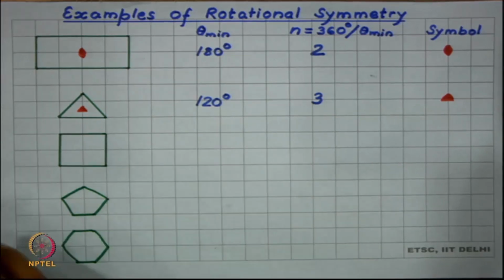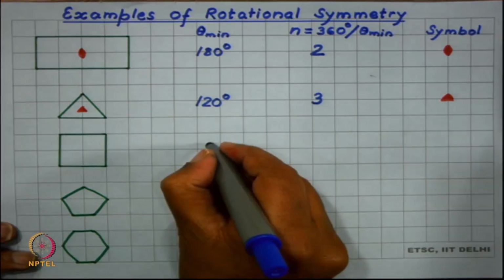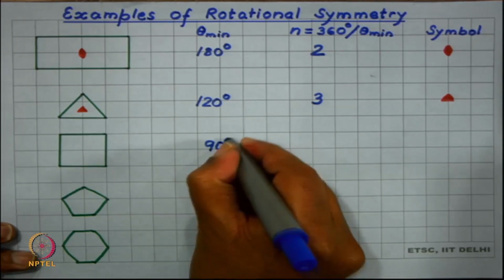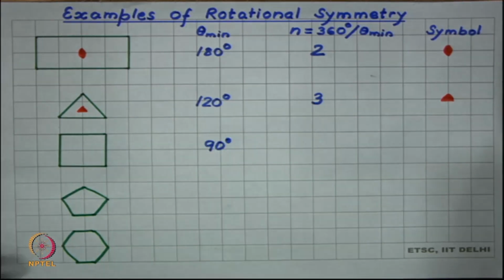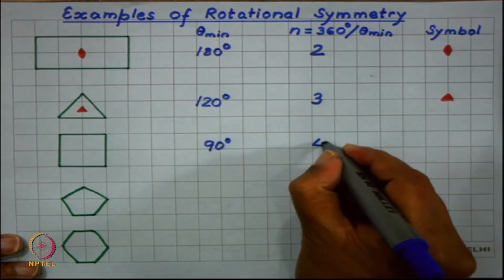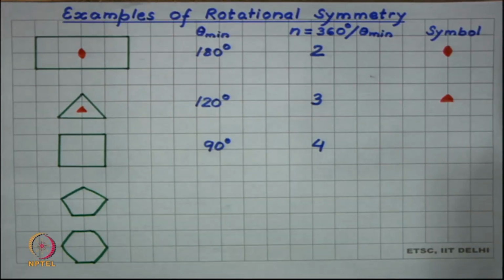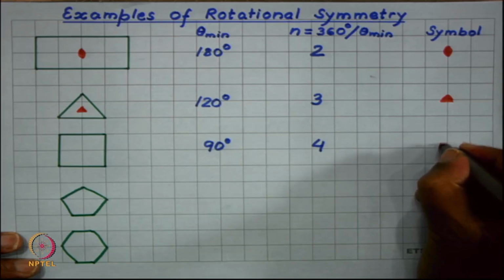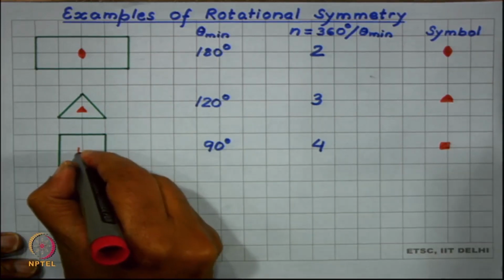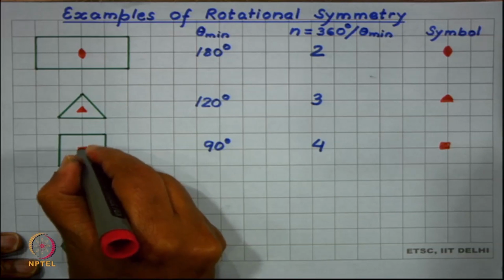The square obviously will be brought into self coincidence by 90 degree rotation. So, it possesses a four-fold symmetry axis, and the symbol is a little square, and I put that square there.